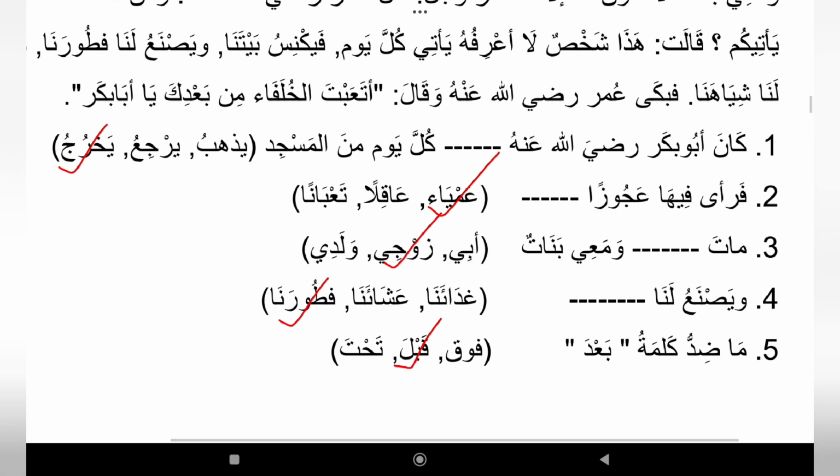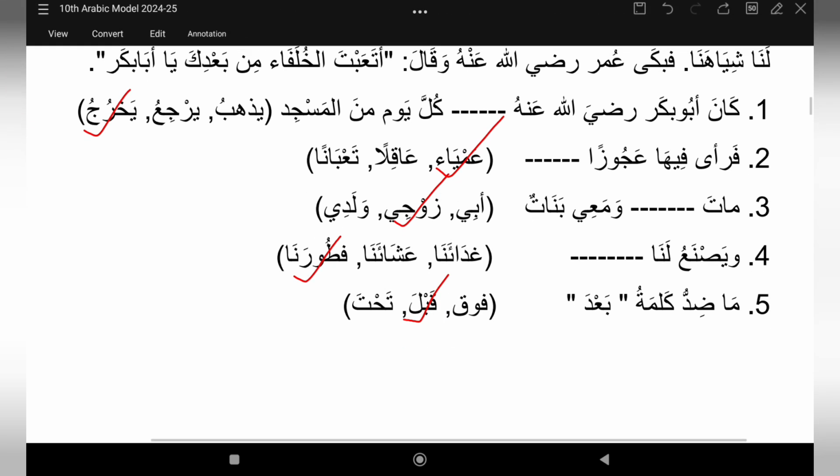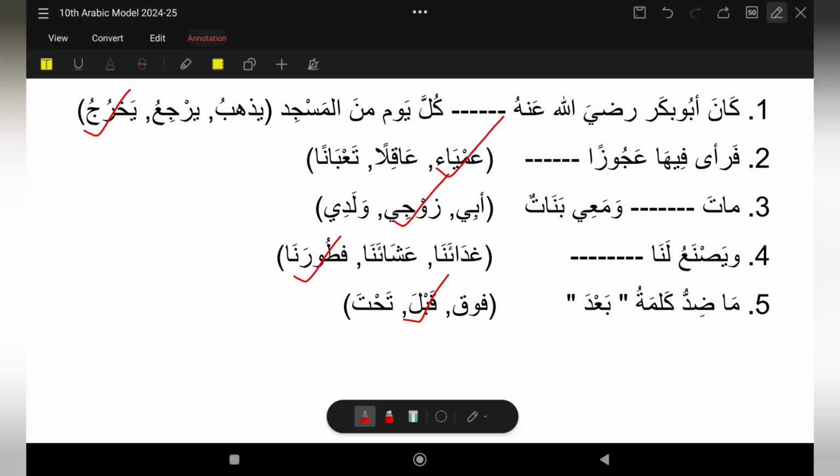Here also the same kind of questions come, which you have to read carefully to find the correct answer. But here I noticed one question, ma liddu kalimatu ba'da, the fifth question.